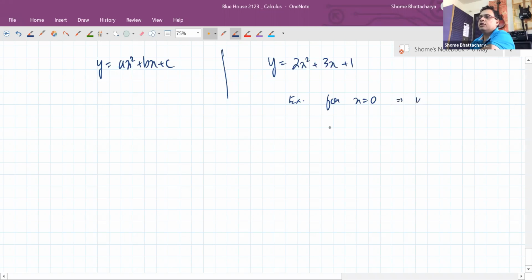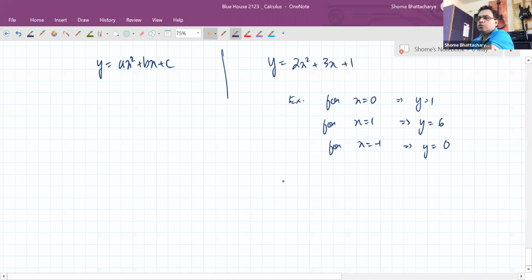We'll get a unique value of y, no? 1. For x equal to 1, we'll get a unique value of y, no? We'll get the value of y as 6. For x equal to minus 1, for example, we get a unique value of y. We'll get 2 minus 3 plus 1, so that's 0. Understood?